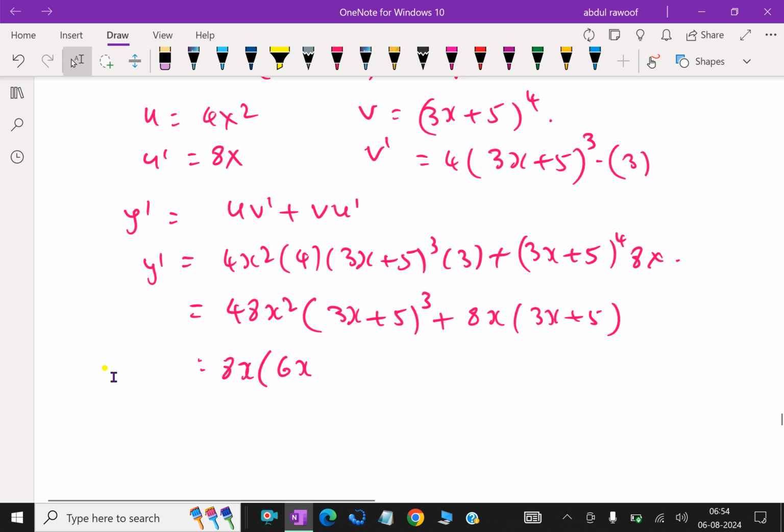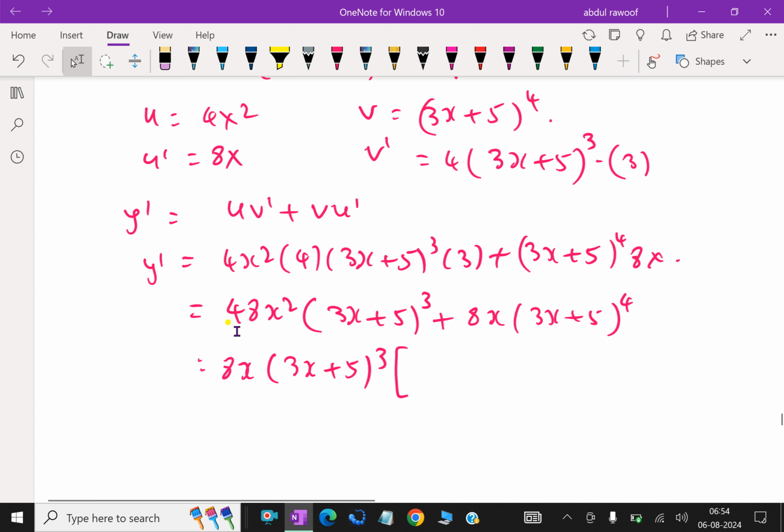and use the square bracket, 6x. Also, this 8x will come, and the second function, (3x plus 5) whole power 4. The common factor is (3x plus 5) whole cube.